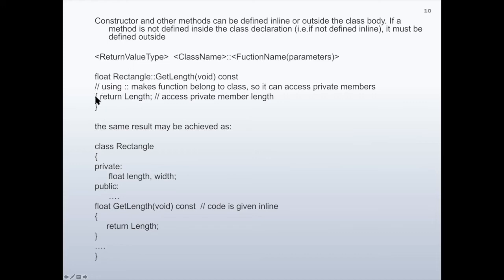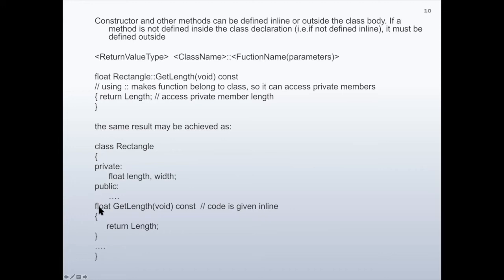And in the implementation, we are returning length of the object. This accesses the private data member length and returns that value. And here, this double colon makes the function belong to the class, so it can access private members. This is the outside implementation, and while the class is declared, the methods can also be implemented inside.